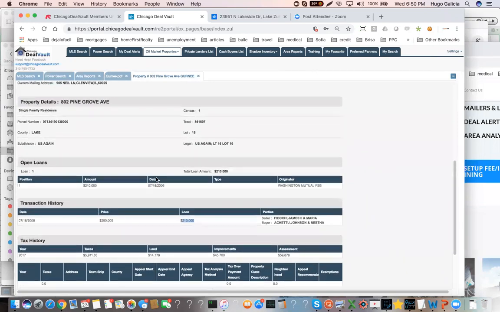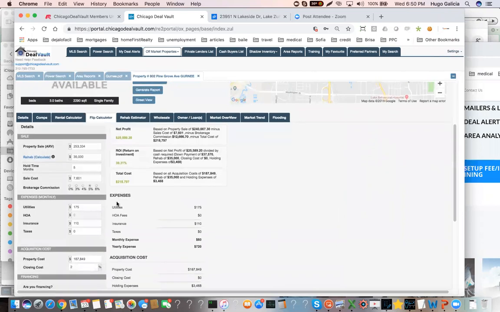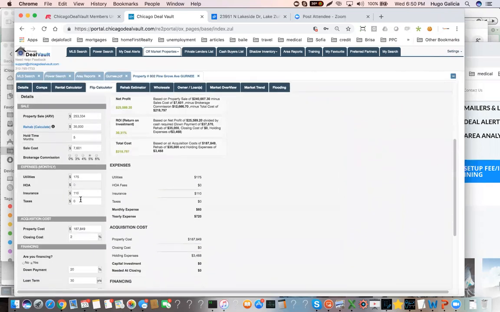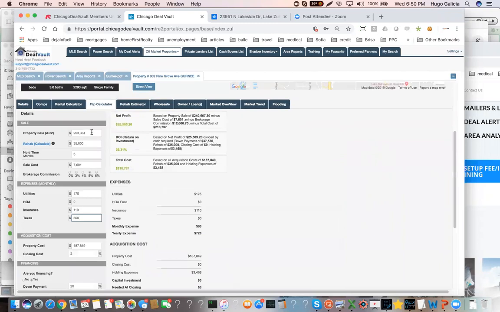So now let's go back to the flip calculator. So now for the numbers to work, the taxes are going to be 500, so they're kind of high. And then how much are we going to pay for the property? So we know the property is worth $253,000. Remember that I told you that you need to have at least a spread of between 75 to 100,000.